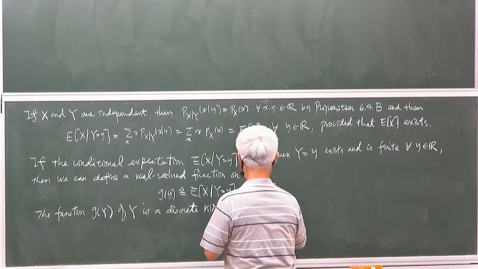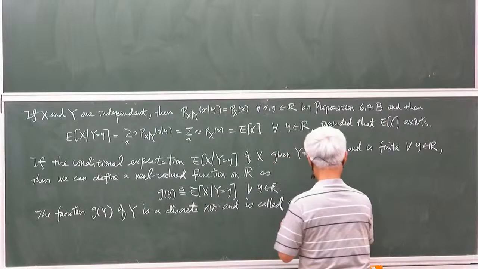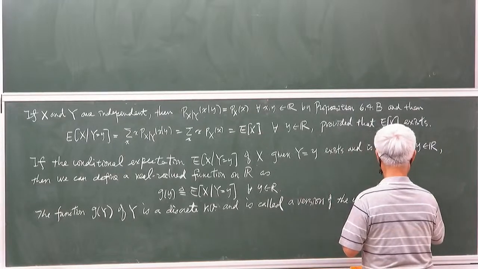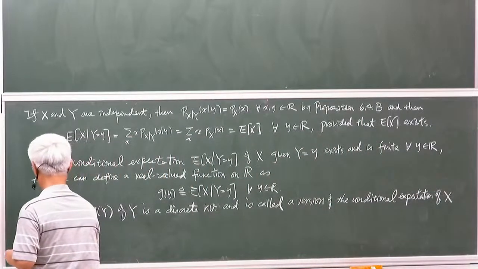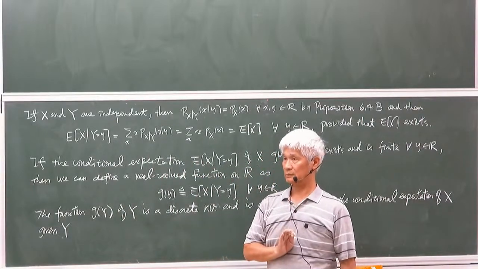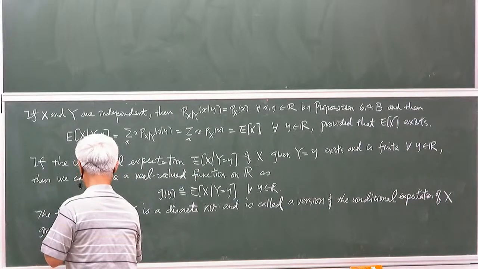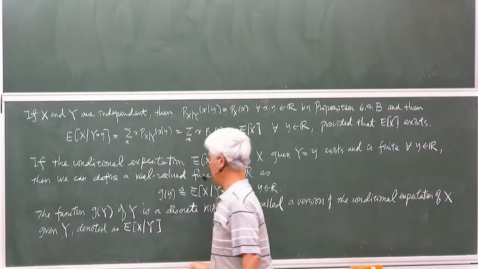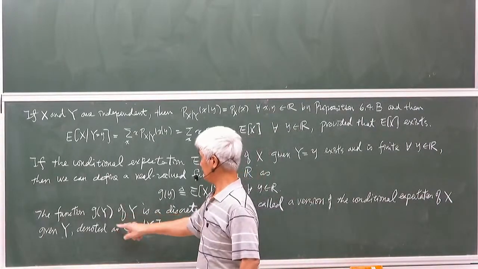It's called a version of the conditional expectation of X given Y, so given the random variable Y, denoted as the expectation of X given Y. This notation is a function of Y.